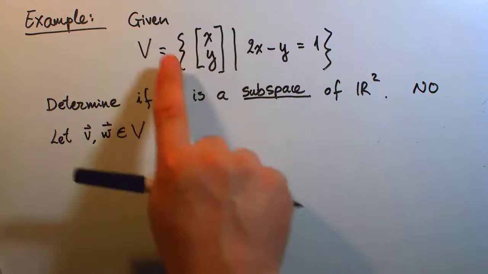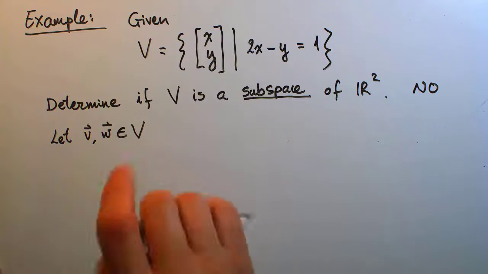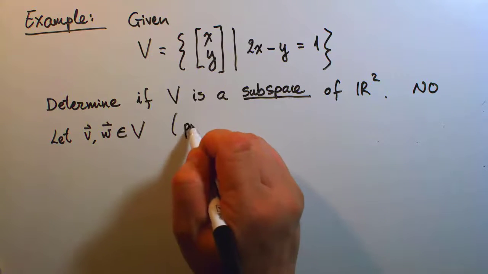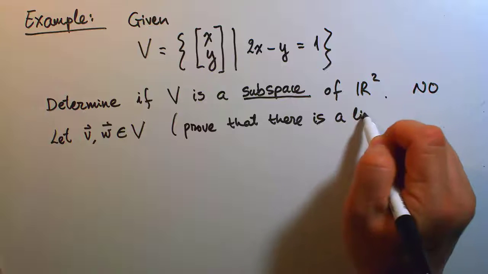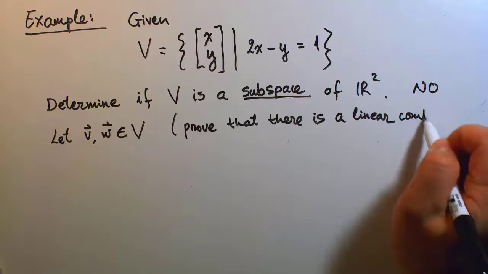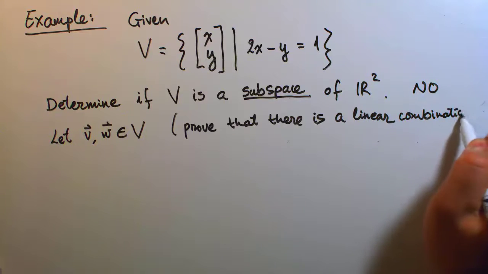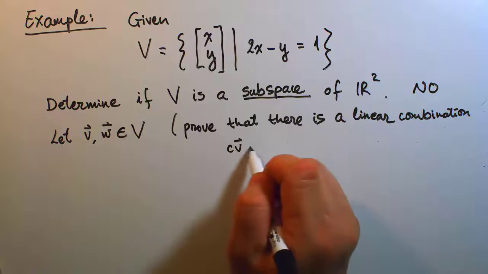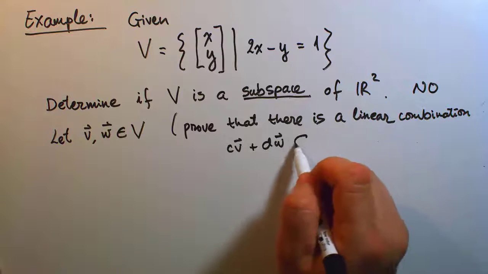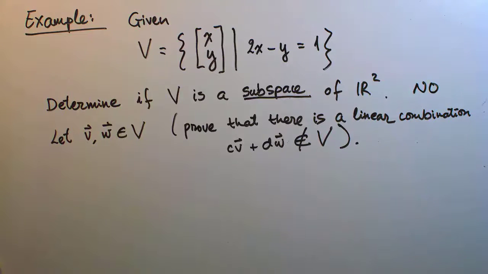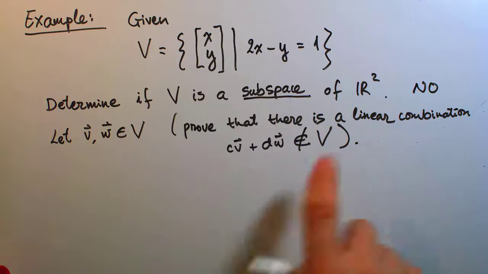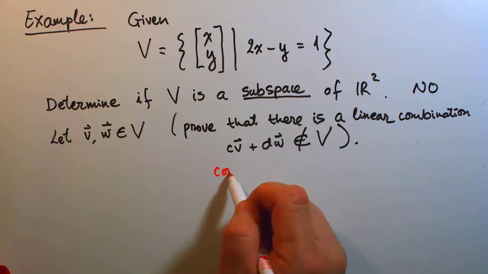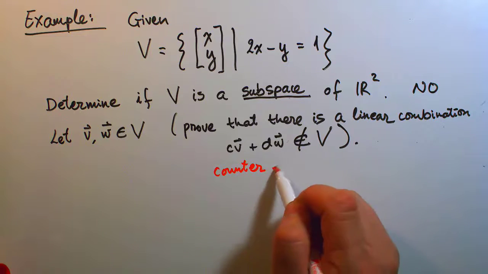If we want to prove that this is not a vector space, then from any two vectors from V, the plan here is we've got to prove that there is a linear combination, at least one, CV plus DW, that is not a member of V. And in common terms, we usually say that we disprove being a vector space by finding a linear combination, and this is also the method where we're coming up with a counterexample.